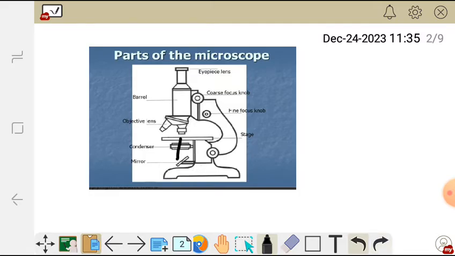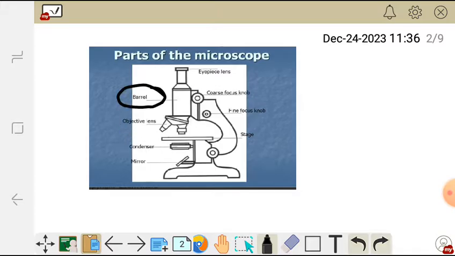It will pass through the condenser, and then from there it will pass through the specimen on the stage. From the specimen, what follows is the objective lens. Then from there it will pass through the barrel up to the eyepiece. So the correct path of light is from the specimen, followed by the objective lens, barrel, then the eyepiece.